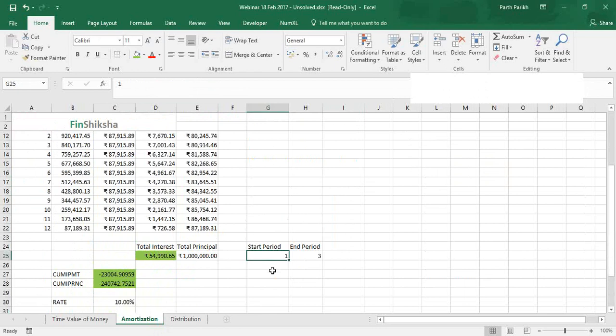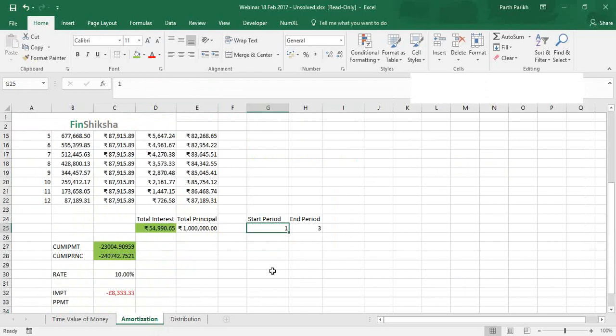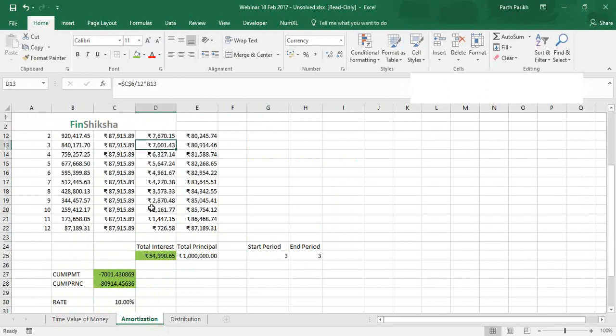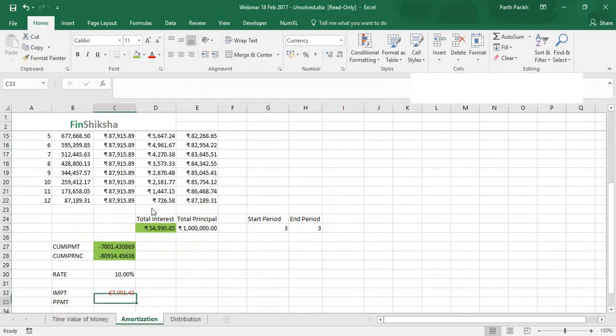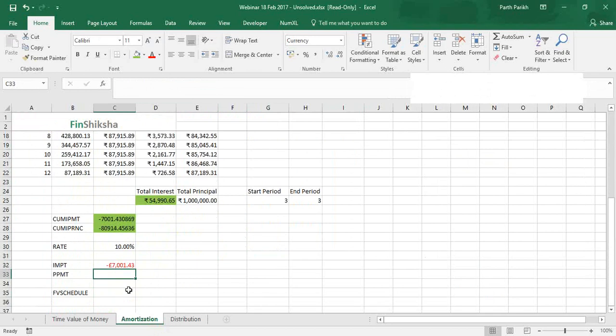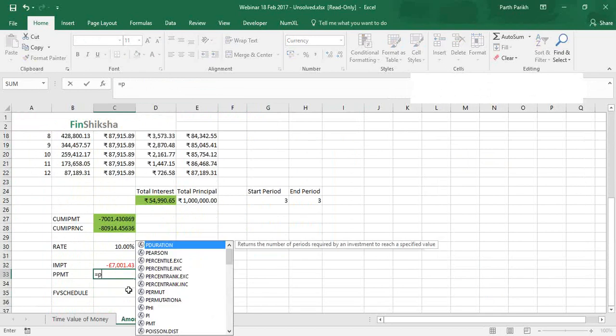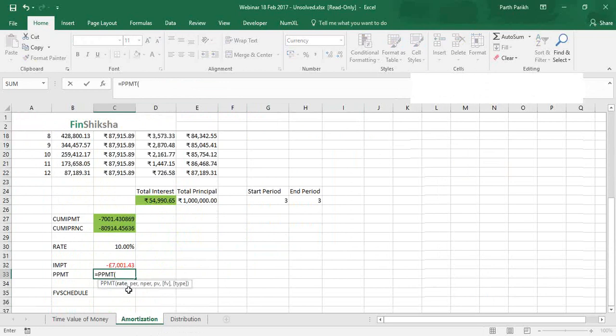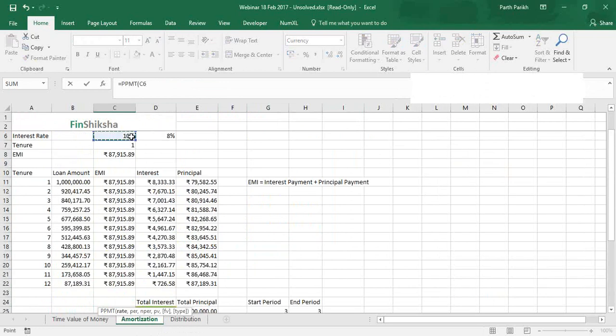What if, instead of creating this entire table, I want to find out the interest payment I've made in the third period? If I write 3, it says 7001, which is this. Fair enough. The same is for the principal, PPMT. PPMT rate is 10% divided by 12. My period would be this.